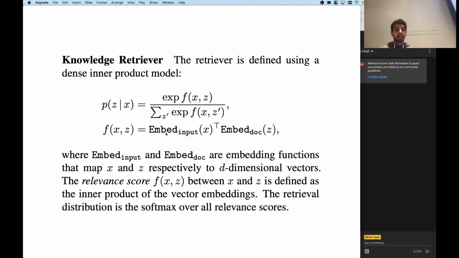And they use BERT, the CLS tokens, to get both the embedding of the input and the embedding of the document. And crucially, these are different BERT models than the one that is responsible for doing the mask token prediction. So the retriever has different parameters than the model that's responsible for predicting pyramidion in that example.